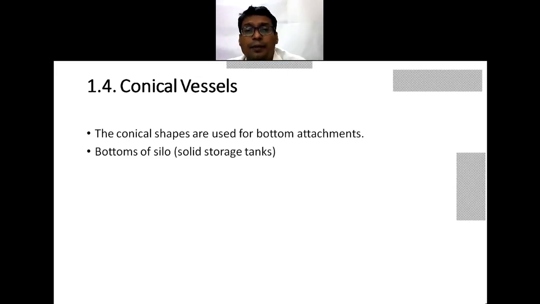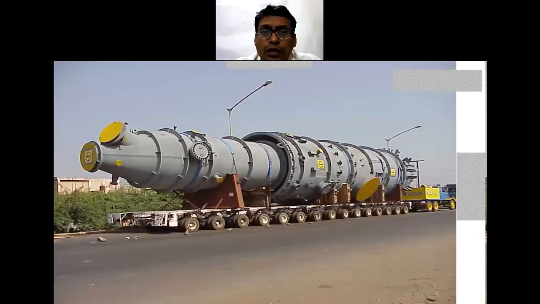These conical shapes are used for bottom attachments. Generally, they are for storage tanks, called silos, solid storage tanks. This is called the bottom of the silo. Now, if you see this figure, you can observe the bottom section of this reactor is a conical section, because this can be used for the solid flow, the solid catalyst that will be there.